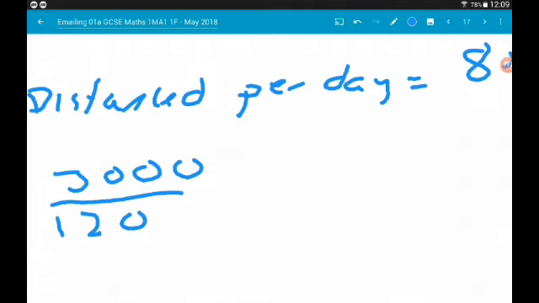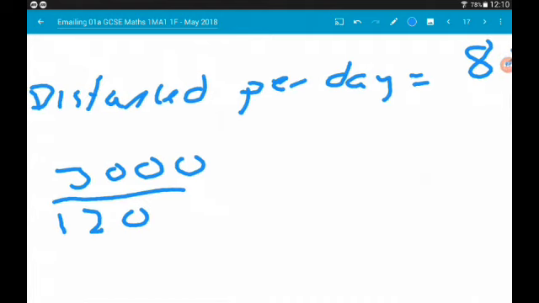So I've decided to write this as a fraction because I think it's the easiest form. So let's see what common factors we can cancel out. First of all, both numbers end in a 0. So there's a common factor of 10. So we can cancel that out. So this is 300 over 12.